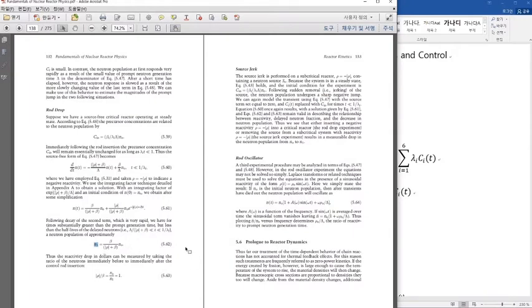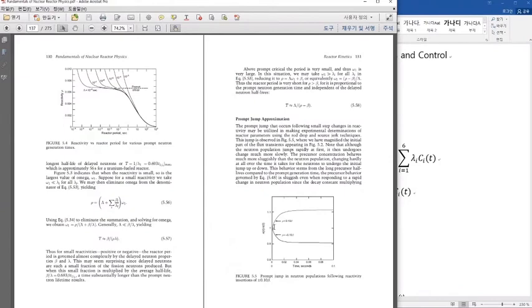If we go back one page, it is applicable to this curve because we inserted a negative reactivity. This is the value of N1 compared to N0, the previous steady state value.